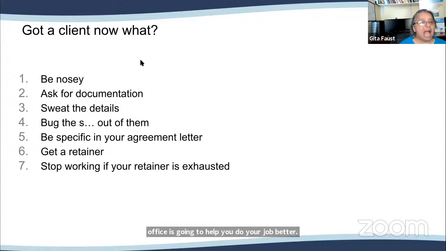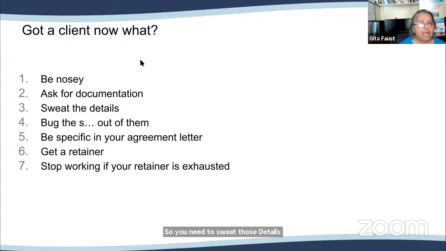So you have to ask, because that documentation will tell you where they spend the money, why they receive the money, why they're paying money out, for what property, the name of the property, whether it needs to be capitalized or expensed, in the sense of whether it goes on the profit and loss or on the balance sheet. So you need to sweat those details.